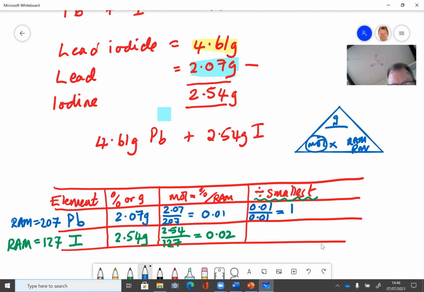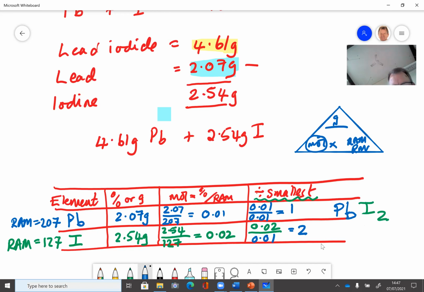Now I take 0.02, and I divide it by the smaller number, 0.01, and that is 2. That means my ratio shows I have lead, just one of those, and iodine, but I have 2. And here I don't need the 1, so I can just write PbI2.